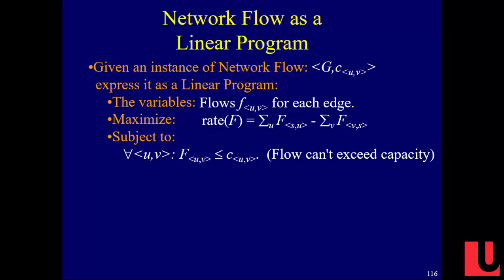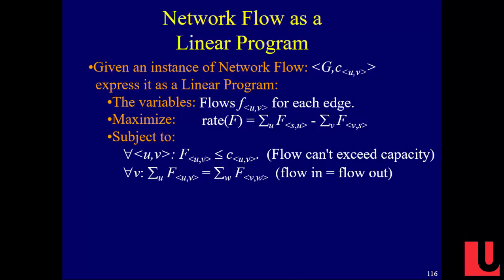And what are my constraints? Each edge flow can't exceed its capacity, right? So that's a linear constraint. And another constraint is that it's got to be greater than or equal to 0. So that's another linear constraint. And this constraint is an equals instead of a less than or equal to, which actually makes the problem easier, not harder.